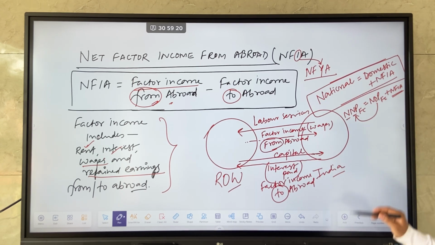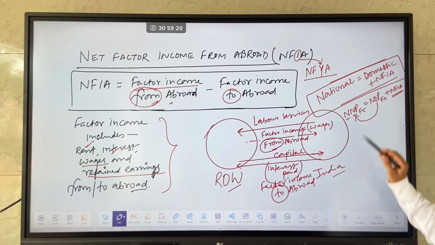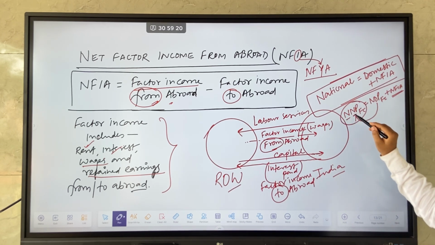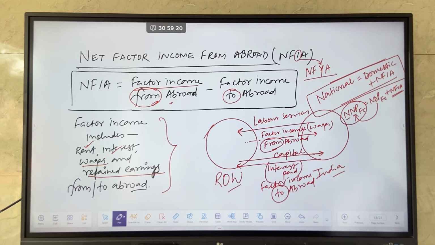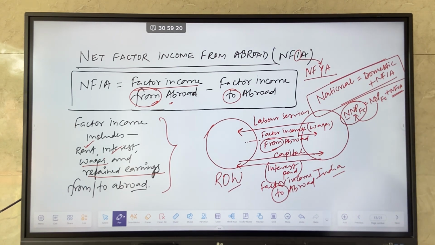One more important thing: can national income be less than domestic income? Can the value of national income be less than the value of domestic income? The answer is yes, when NFIA is negative. So when negative NFIA is added to NDP at factor cost, NNP at FC is lesser than NDP at factor cost. Just one simple task that you should do.